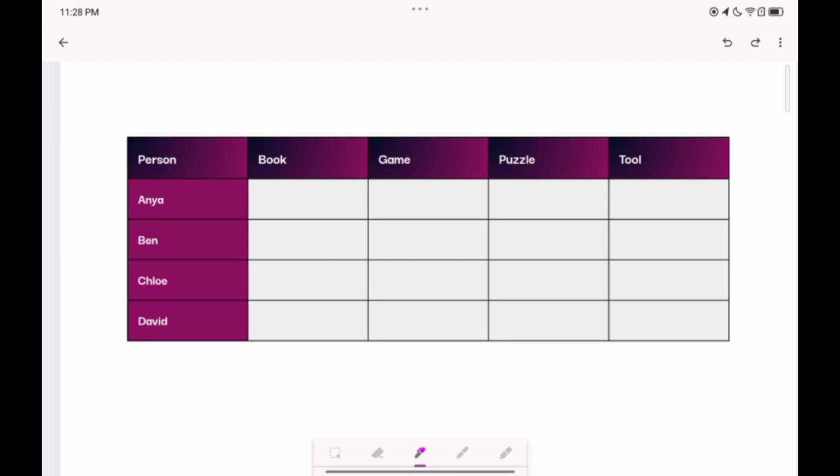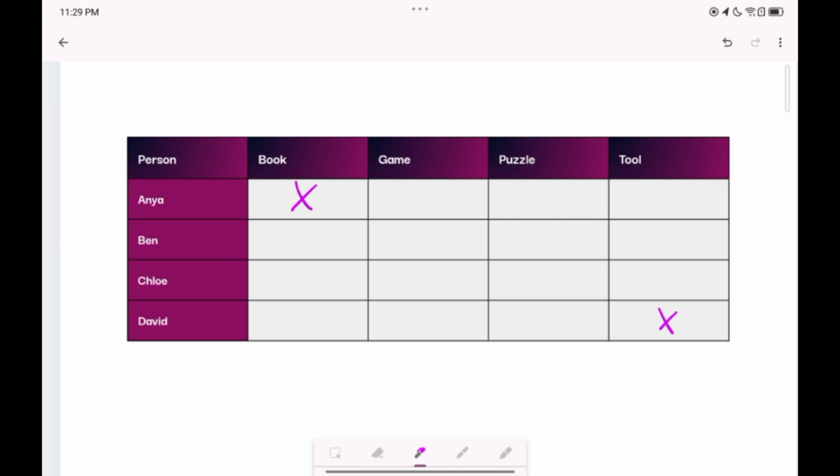Clue number 1: Anya's package wasn't a book, and it wasn't next to Ben's. Let's start eliminating some possibilities right here, Anya. Clue number 2: the puzzle was delivered before the game. So this tells us the puzzle can't be the last. We have here the clue number 3.